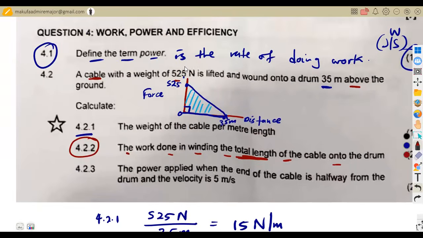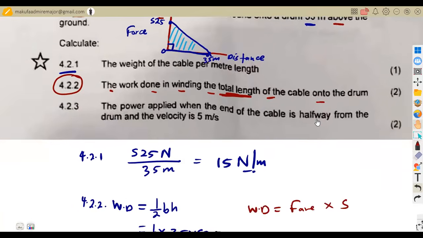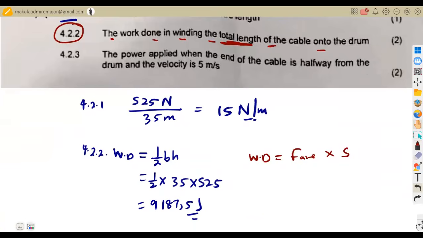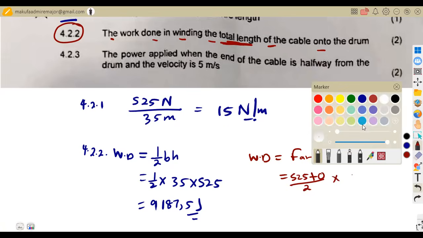So we are going to add 0 plus this value, 525, that is going to be our average force in this case. So we are going to have 525 plus 0 over 2 times what? Times S, that is 35 meters for the whole length that we are given.